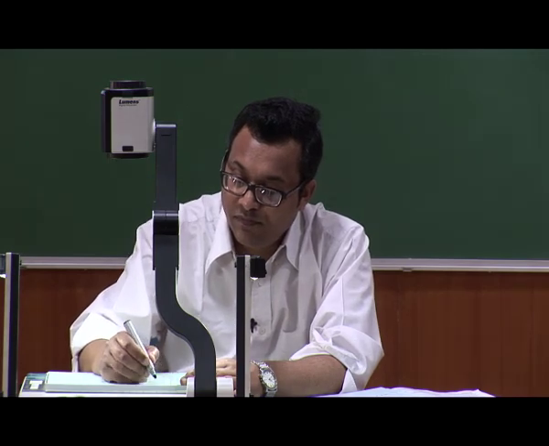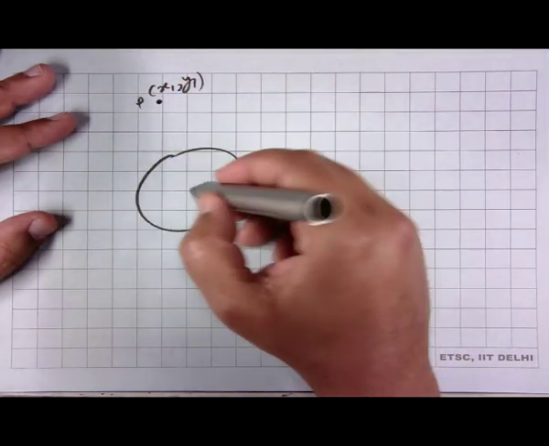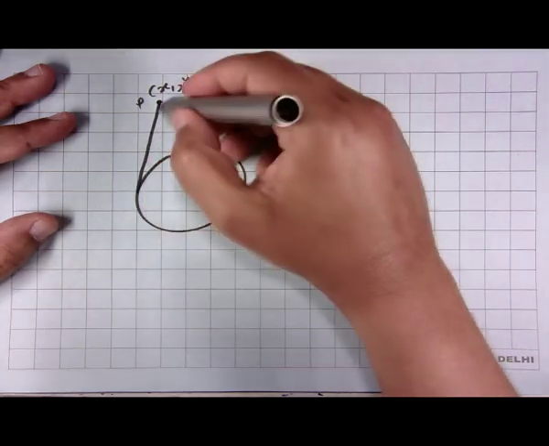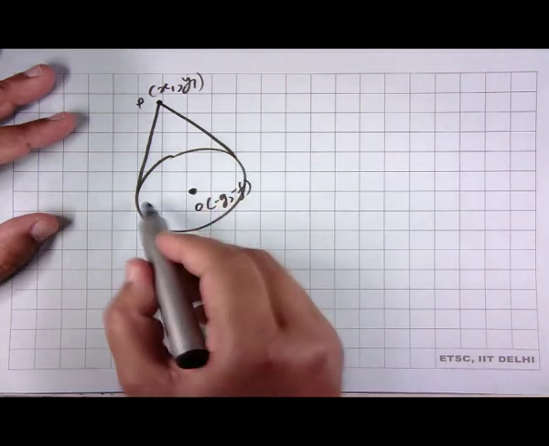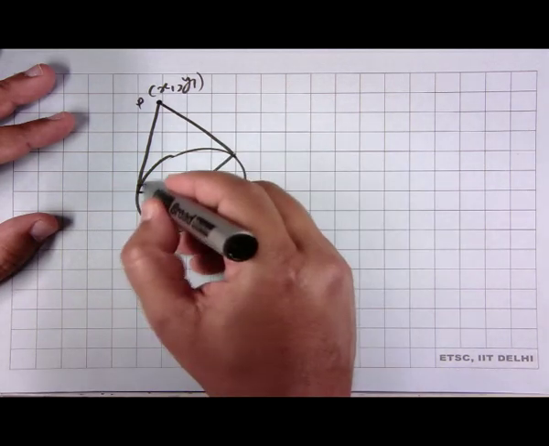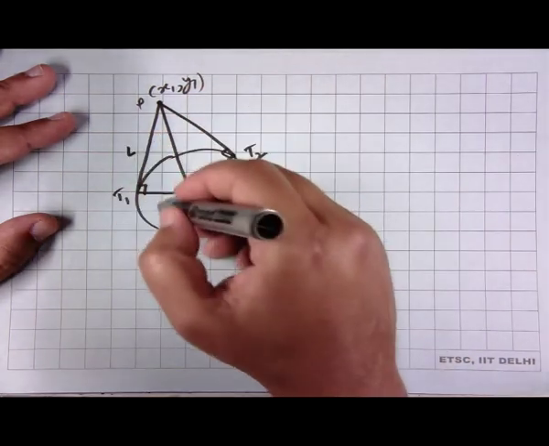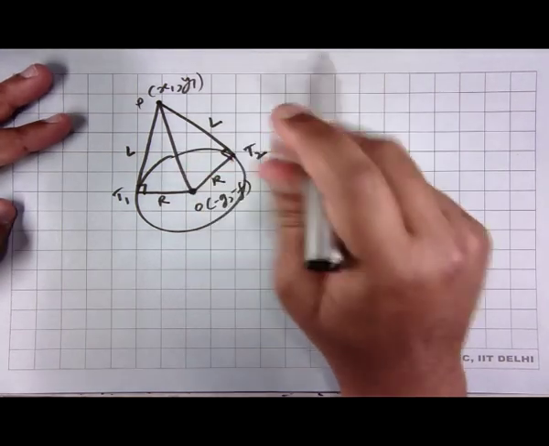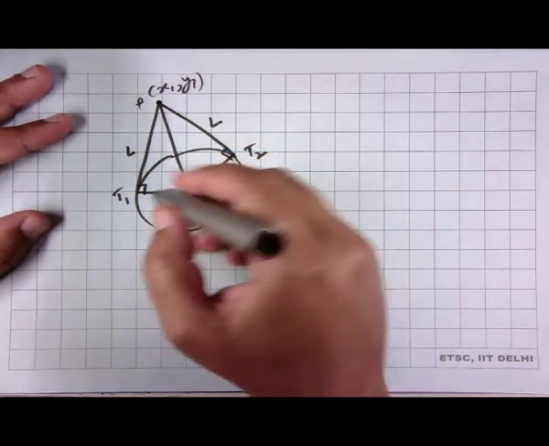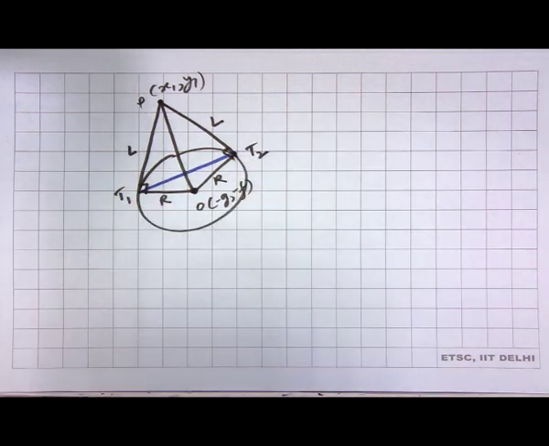So, next, for the same situation, we know how to find L and R. So, let us say we are asked to find the length of this chord of contact.